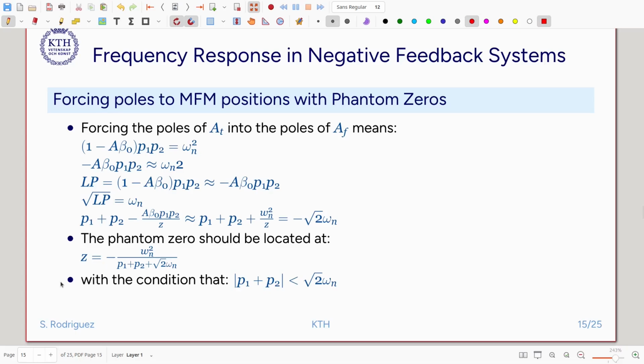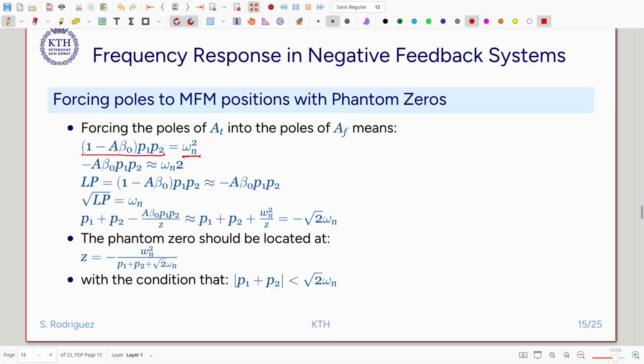Now again, let's revise something that we have already discussed. Forcing the poles of the closed loop gain into Butterworth positions means that we need to make the achievable bandwidth that we calculated equal to ωn, which is the maximum bandwidth in a Butterworth filter.